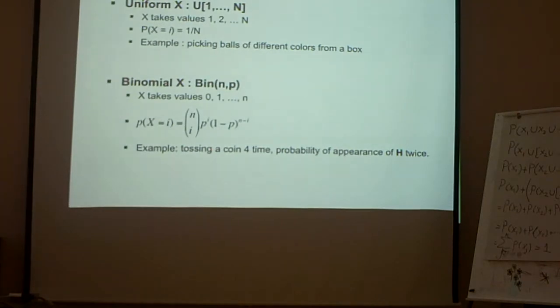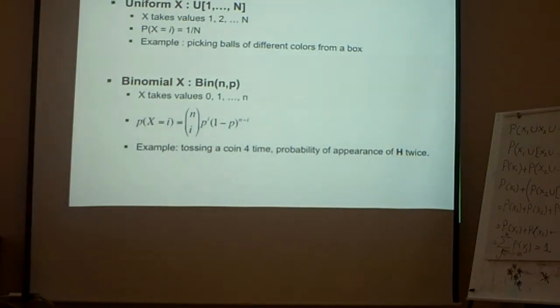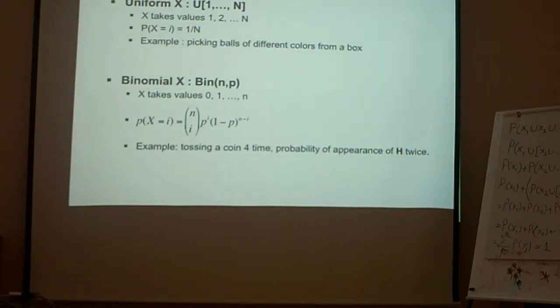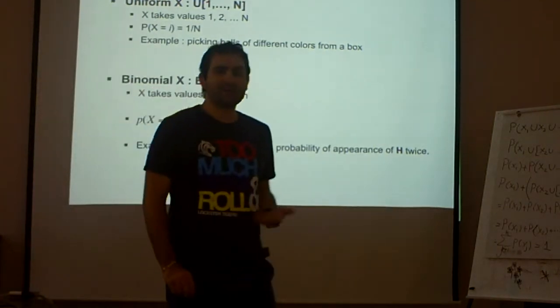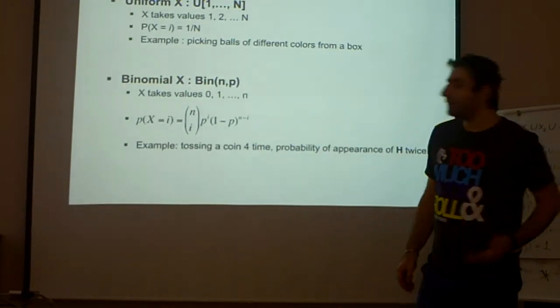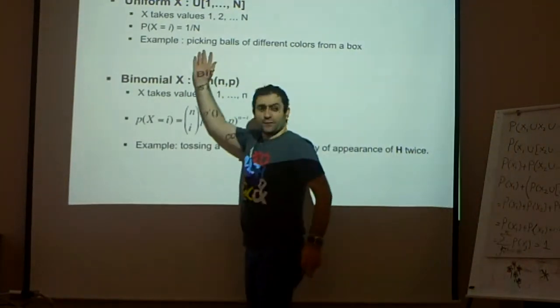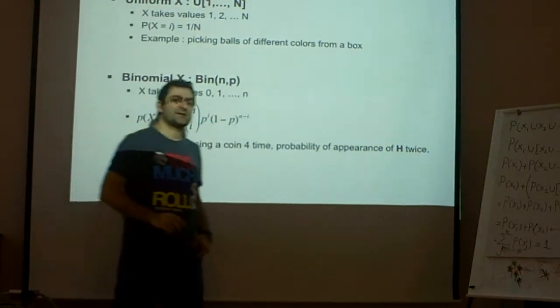When we have discrete random variables, we are talking about this PMF. This is a function, but some of these functions are very famous. One of the most famous ones is the uniform distribution. Now let's see what is the meaning of uniform distribution.